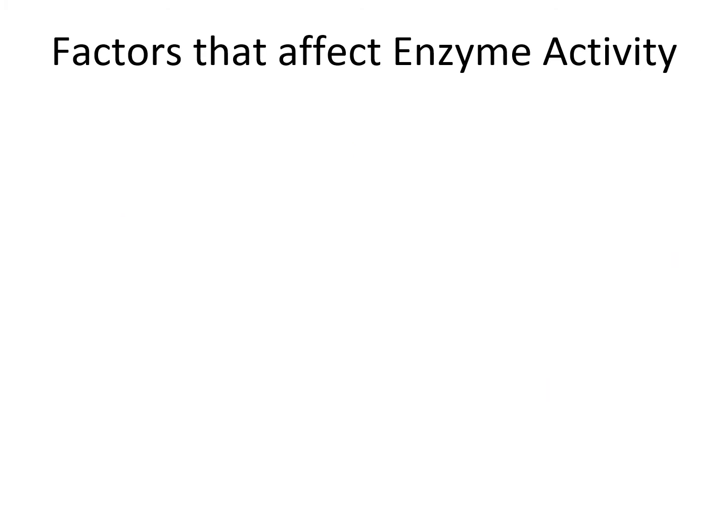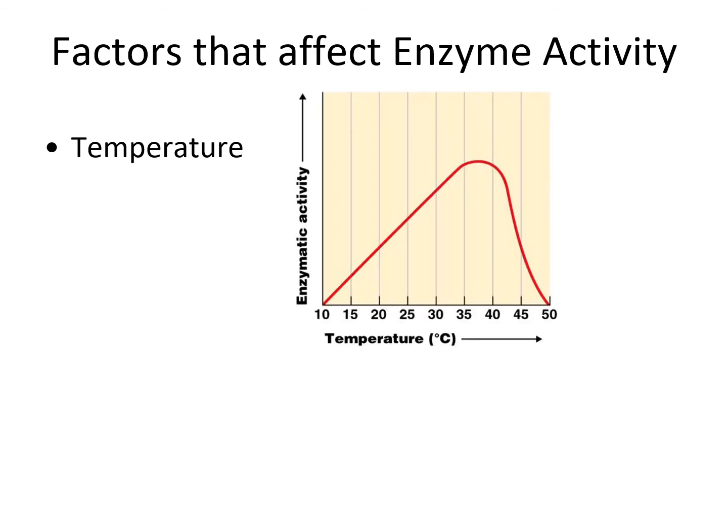Another factor that affects enzyme activity is temperature. This is a graph that shows the relationship between changing temperature and the effect on enzymatic activity. The x-axis is temperature in Celsius, the y-axis is enzymatic activity. Every enzyme has an optimal temperature where it functions at its highest rate.